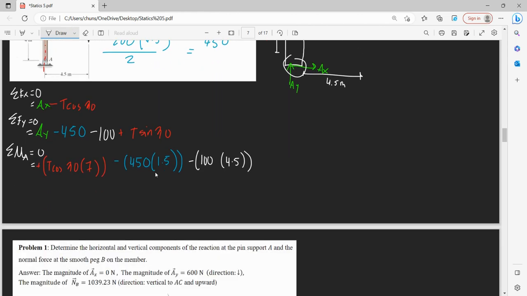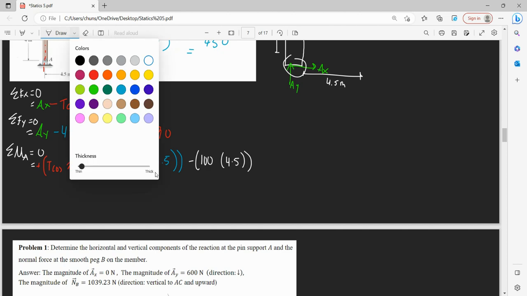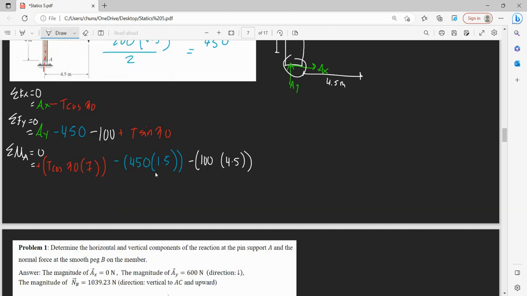We can solve for T right here. So this is equal to T cos 30 times 7. And let's move our 450 and 100 over. So 450 times 1.5 plus 100 times 4.5.